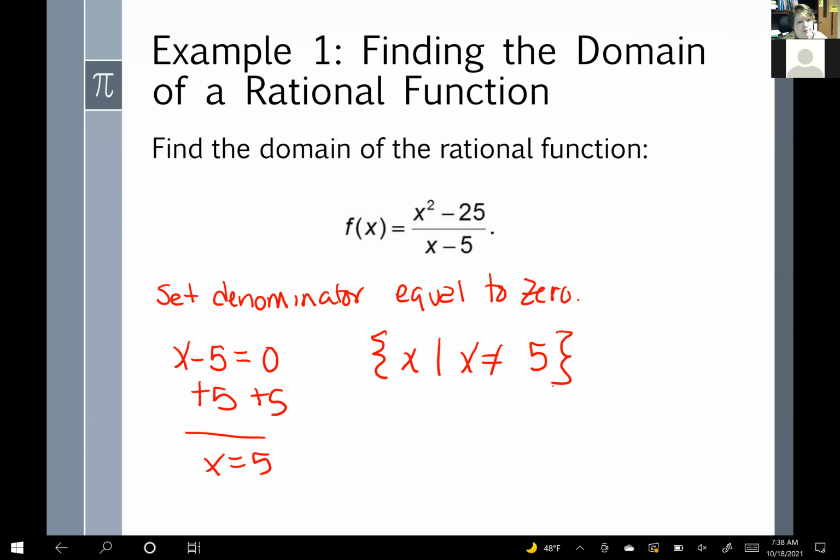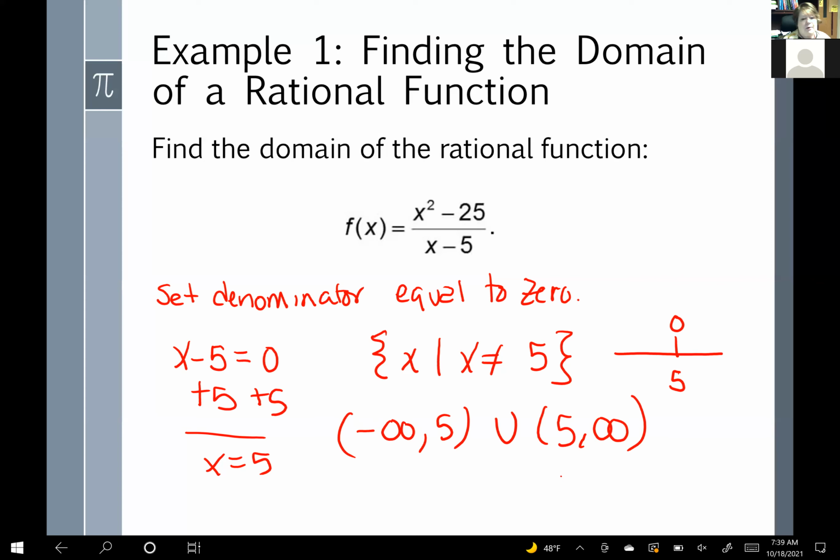And in interval notation, that's every number except 5. So you're going to have a hole in your graph at the number 5, but x can be anything else. So that's from negative infinity to 5, union with 5 to infinity. Everything except the number 5.